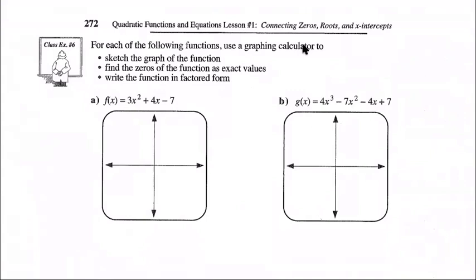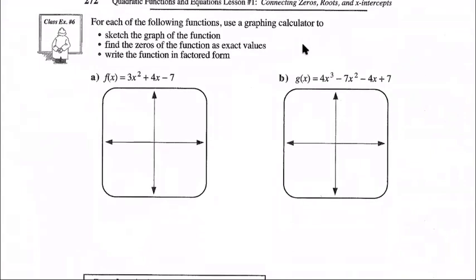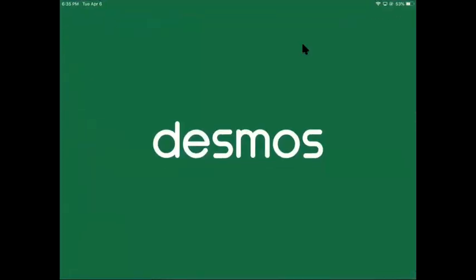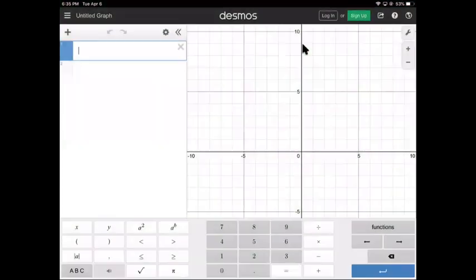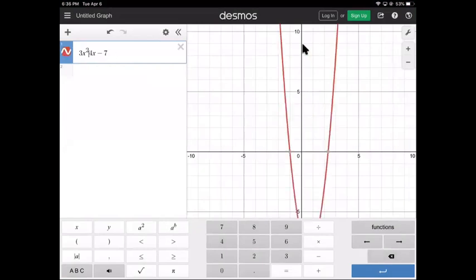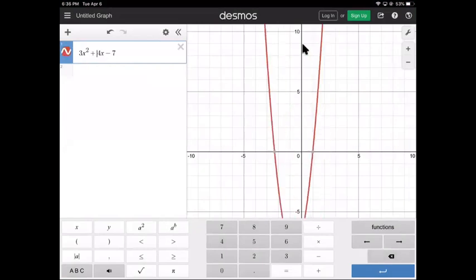Okay, so we're going to go to Desmos, 3x squared plus 4x minus 7. Change that to a plus. There we go.